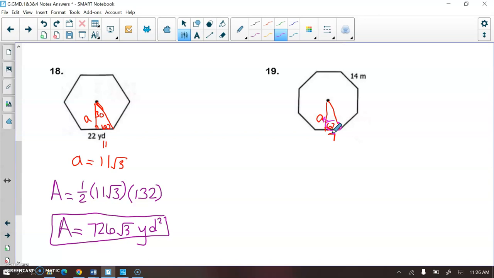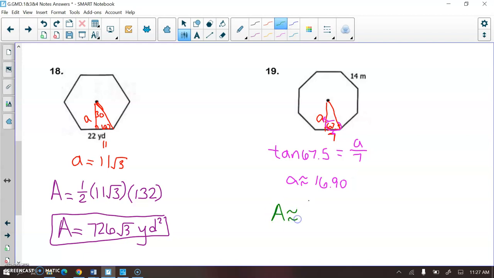So opposite over adjacent is tangent. So I'm going to do the tangent of my 67.5-degree angle, and that should be equal to A over 7. Multiplying by 7 on both sides, I would wind up with A is approximately equal to 16.90. So now I have enough information to find my area.